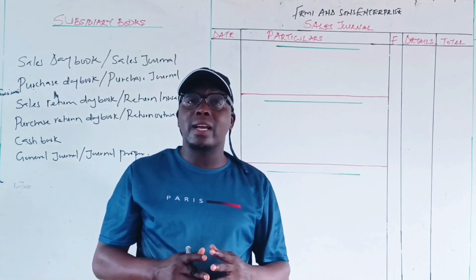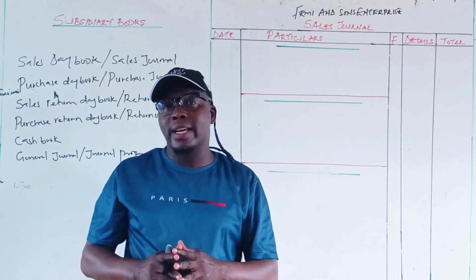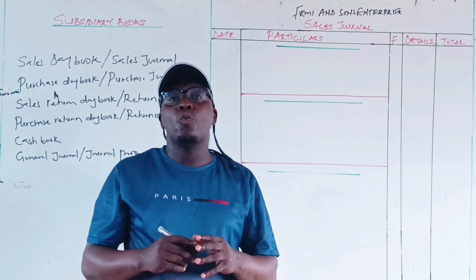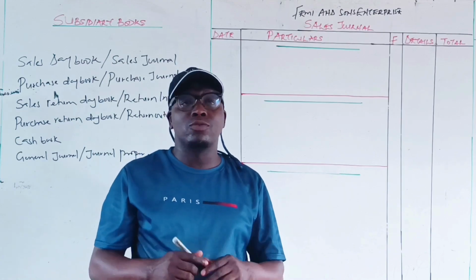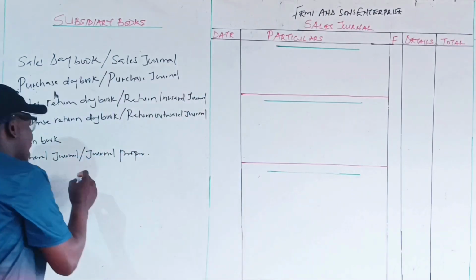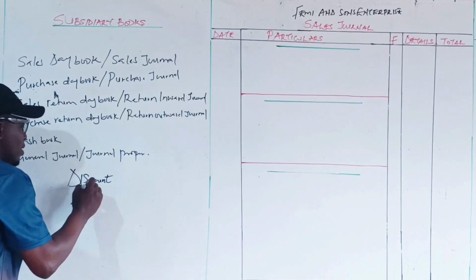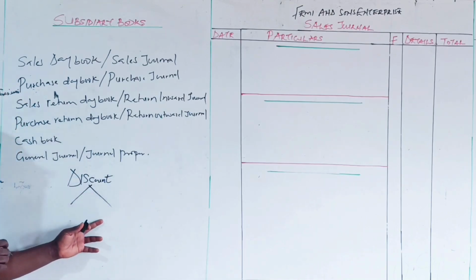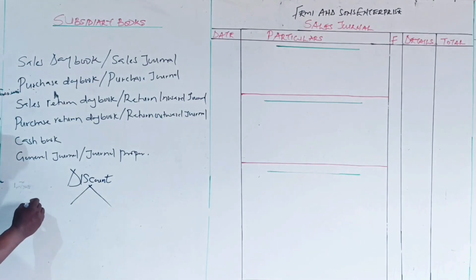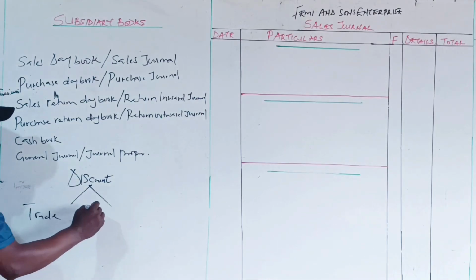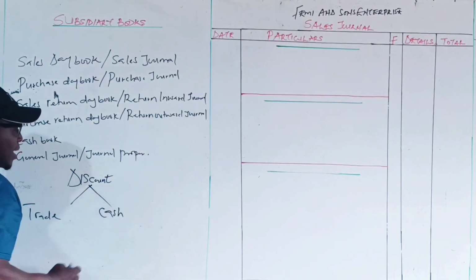So for the sales day book, before we go in depth, we need to look at what we call discounts. In accounting, we have two types of discounts: the trade discounts and the cash discounts.